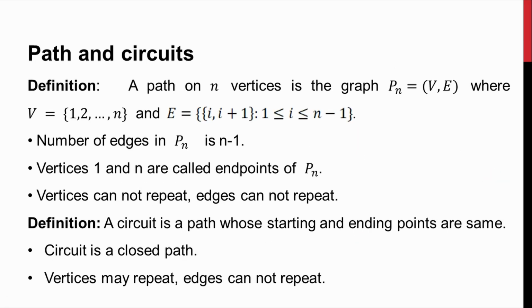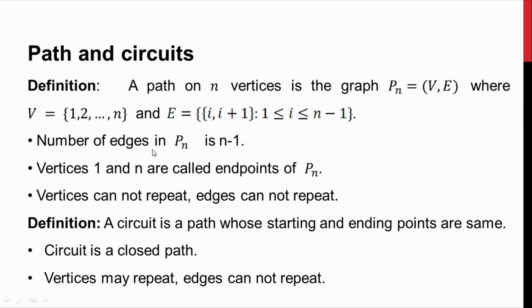So next is paths and circuits. A path is a sequence of vertices with the property that each vertex in the sequence is adjacent to the vertex next to it. A path that doesn't repeat vertices is called a simple path. Here Pn is a pair of V and E, where V is a set of vertices and E is a set of edges, and Pn is a path.